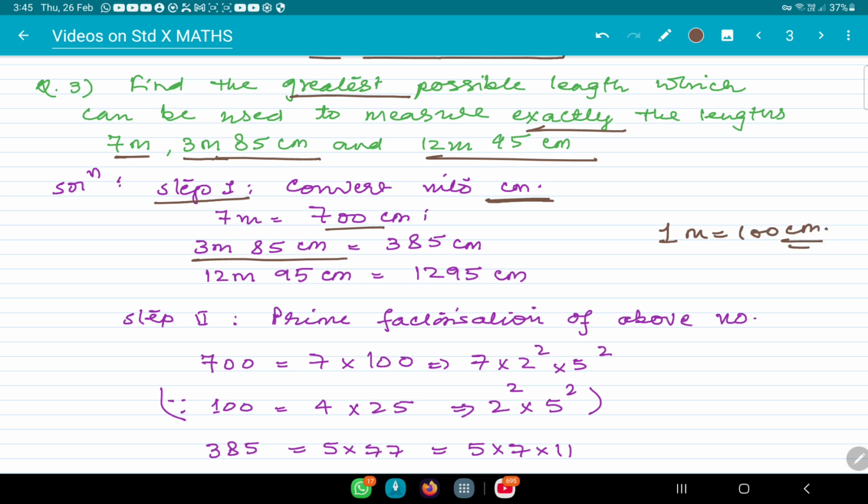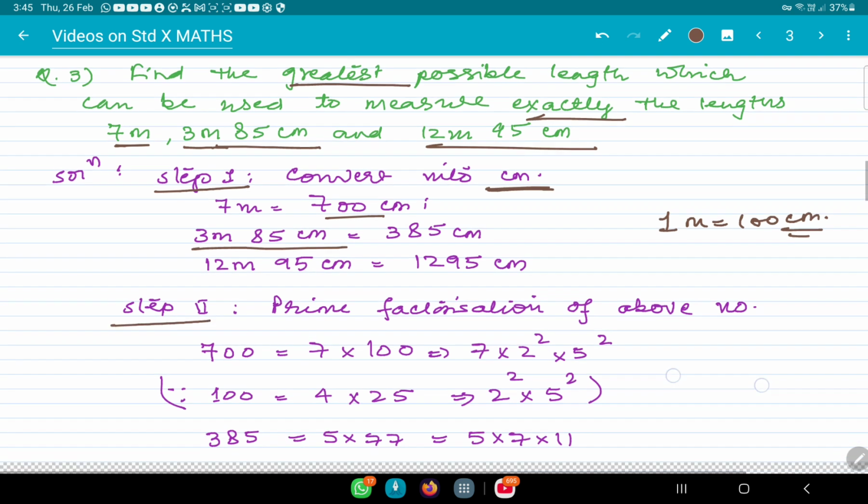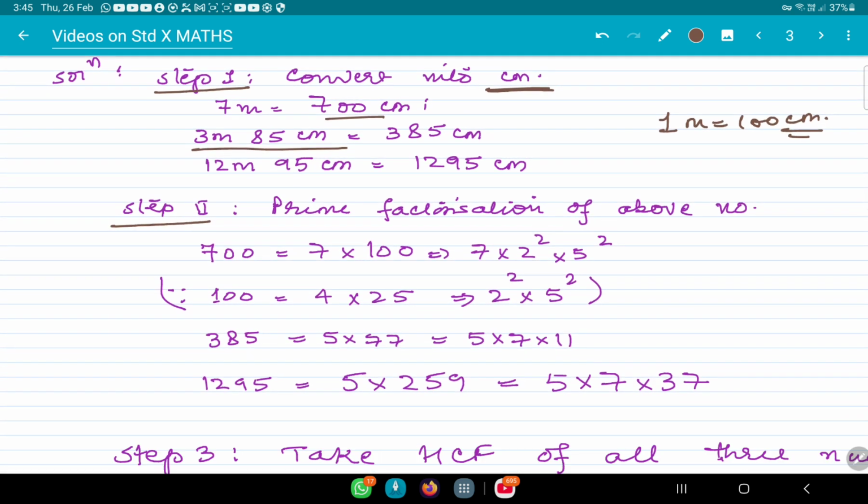Now step 2, what will we do? Just do prime factorization of the above numbers. So 700 can be represented as 7 into 100, and 100 is 25 into 4. 25 can be represented as 5 raised to the power 2, and 4 as 2 raised to the power 2. Then 385 is 5 into 77, and 77 is 7 into 11.